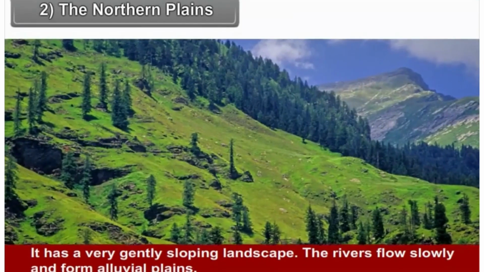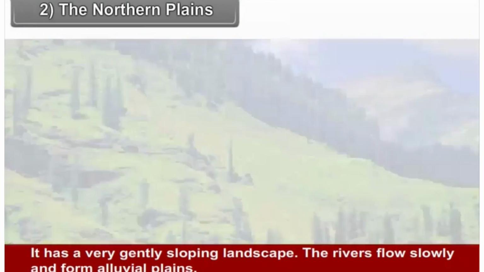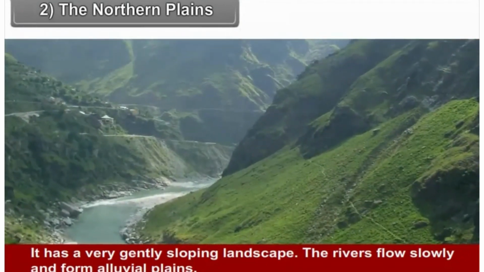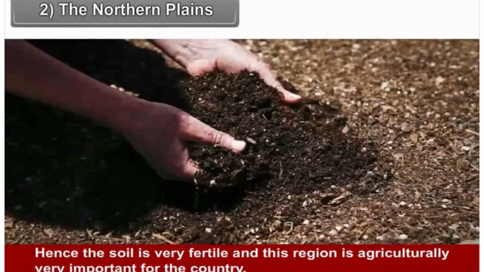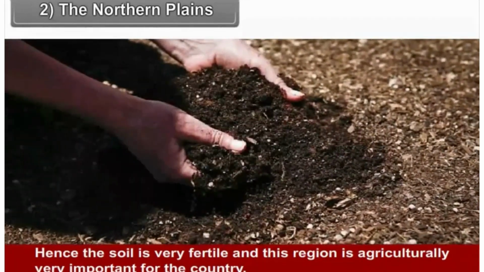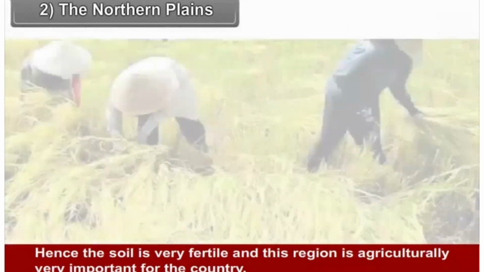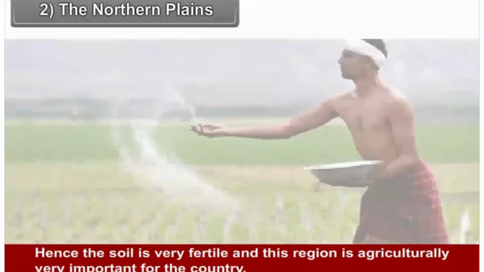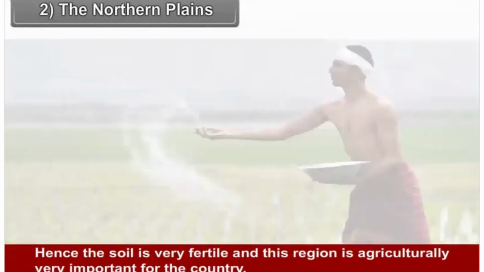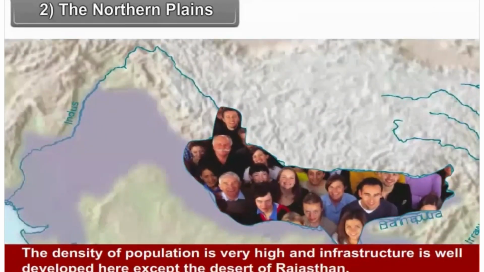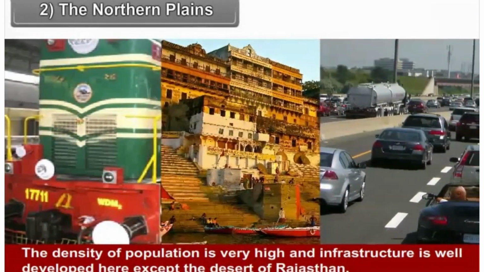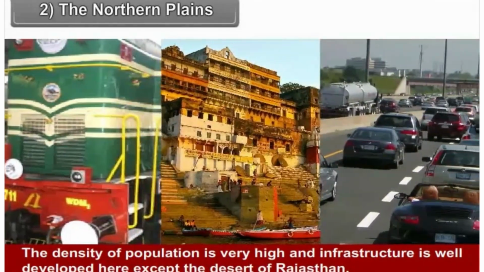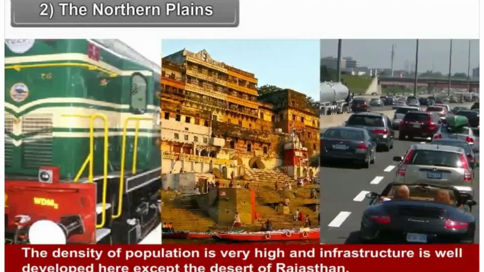It has a very gently sloping landscape. The rivers flow slowly and form alluvial plains. Hence, the soil is very fertile and this region is agriculturally very important. The density of population is very high and infrastructure is well developed here except in the desert of Rajasthan.